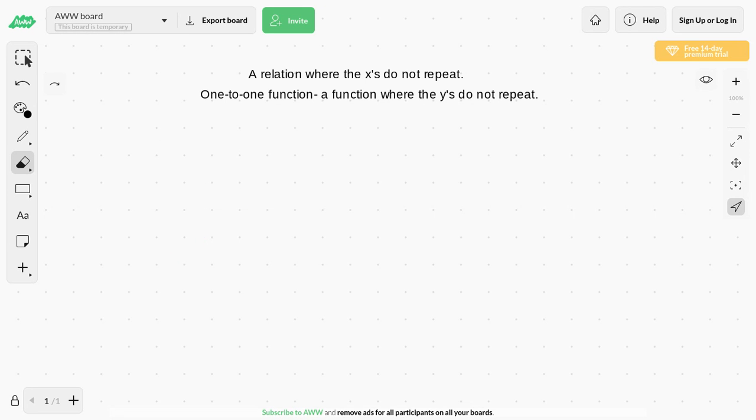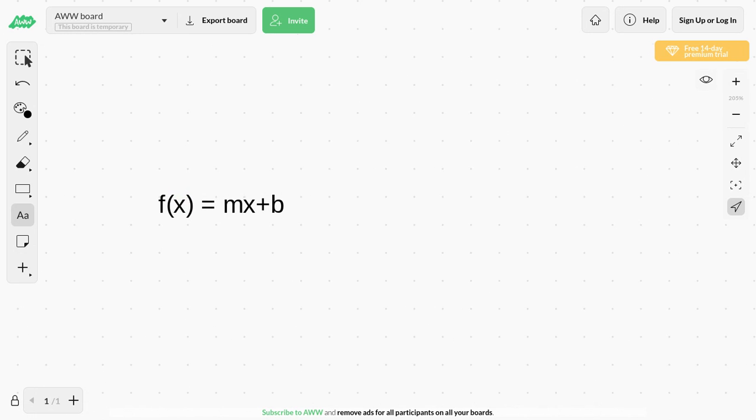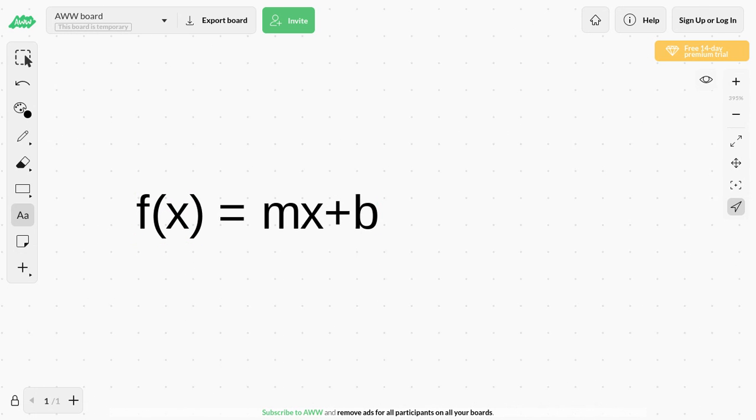And now the piecewise functions. But there's one last thing you have to know. You should be familiar with this: y equals mx plus b is the equation of a line. If you see f of x, that f parentheses x, pronounced f of x, is equal to mx plus b, that's the same thing. f of x is just a fancy way of saying y.